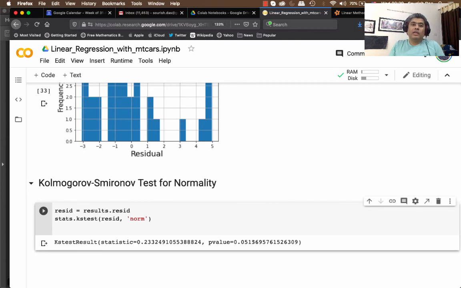Remember that this mtcars data set is a small data set with only 32 instances. So any kind of test may fail to reject the null hypothesis because you don't have enough sample size, enough statistical power.